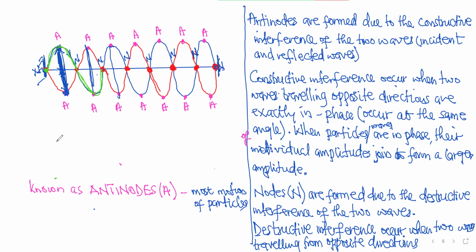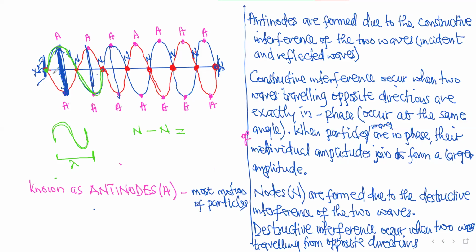If this shape is a whole full wave and the length of this wave is lambda, in terms of wavelength, what is the length of that? The wavelength of two successive nodes, from one node to another node.